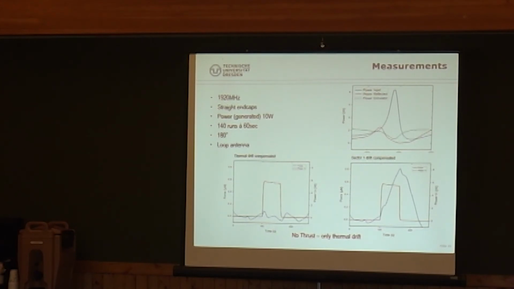We had only 140 runs with 60 seconds each in the 180 degree direction. We also used our loop antenna, and we also saw, well, noise. The sector 1 drift compensation is not very beautiful, but it also shows thermal peak behavior, and we can say this is not likely thrust, but some kind of thermal drift.